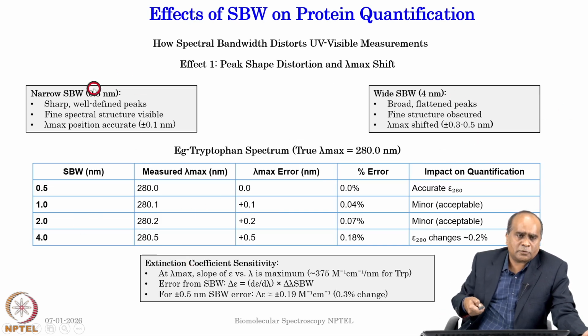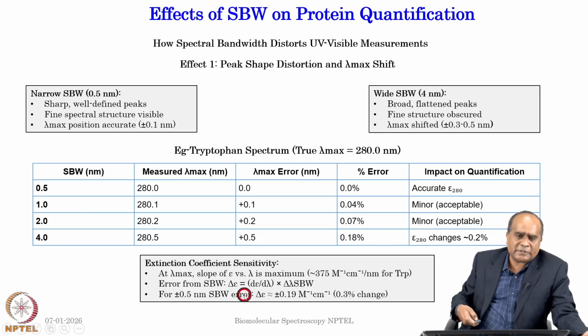If the spectral bandwidth is 0.5, you measure lambda max at 280 and the lambda max error is 0, so accurate measurement happens at 280. But suppose we go to 4 nanometer, our lambda max goes to 280.5, so you have an error in lambda max, and that leads to about 0.18% error and a change in the extinction coefficient of about 0.18 or 0.2.